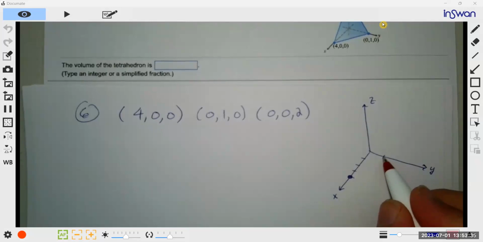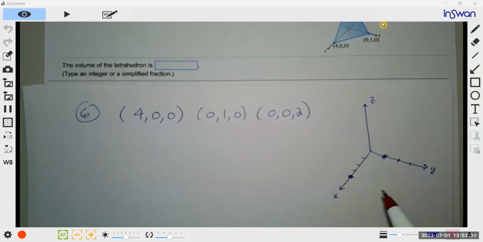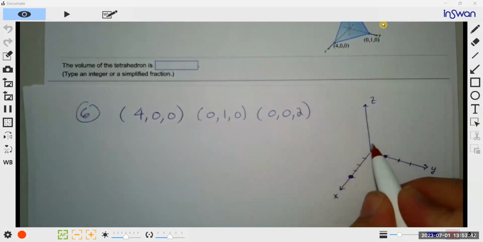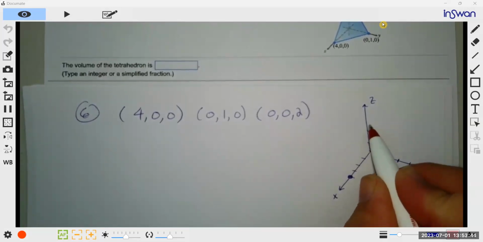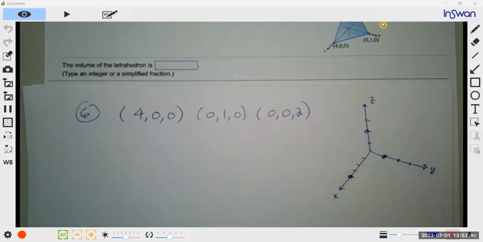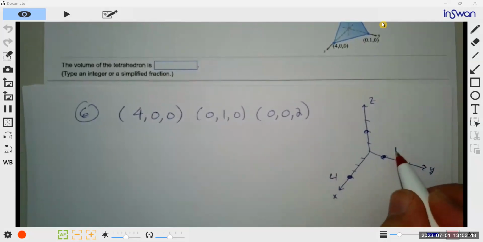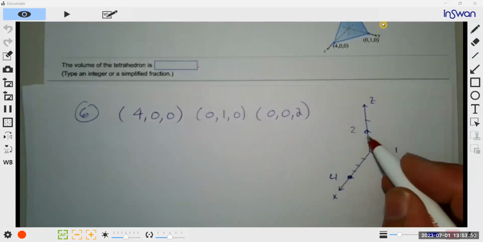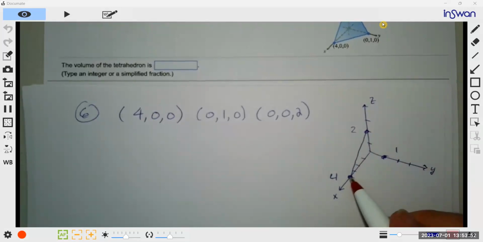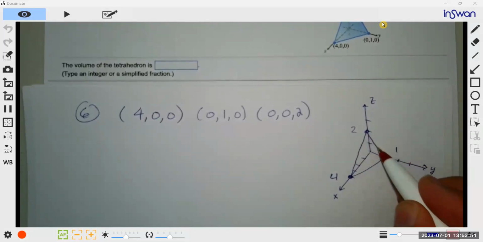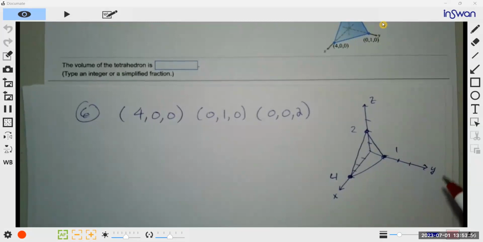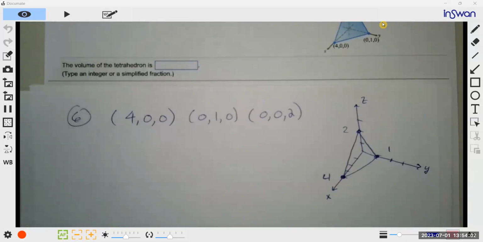At 0, 1, 0, we have a point. And at 0, 0, 2, we have a point. Connect the dots. And there's our tetrahedron.